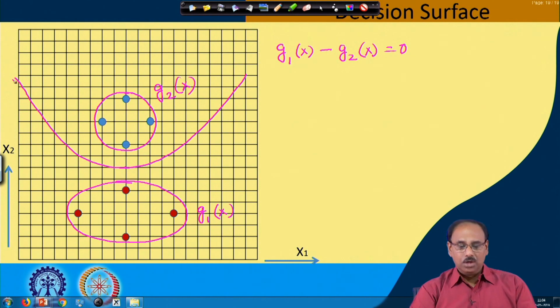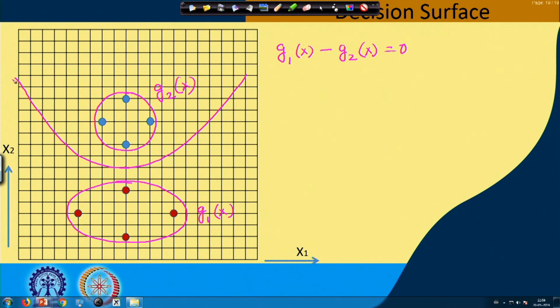Well, with this I come to the end of this lecture. In this lecture and the previous two lectures, we have tried to find the discriminant functions of different classes, assuming that the distribution of points is multivariate normal. There we have taken three different cases.